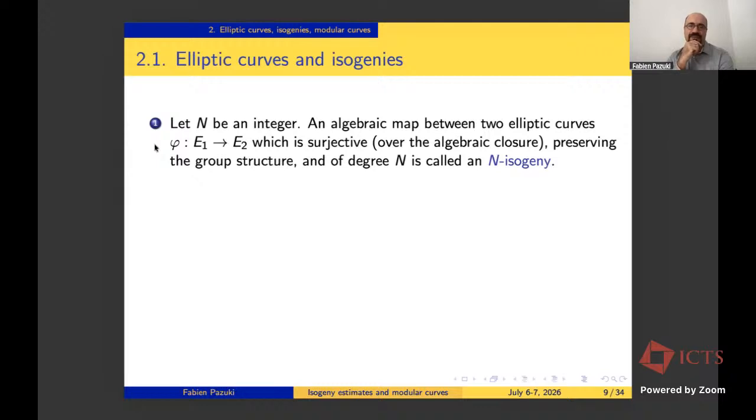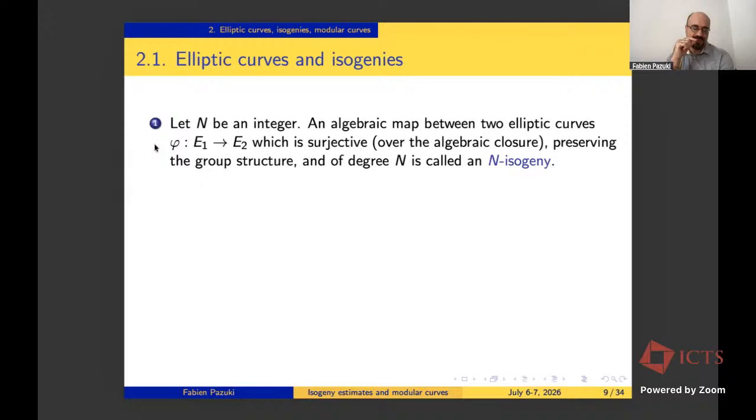A priori, nothing tells you that such a map exists. If you take two elliptic curves, E1 and E2, they're not always isogenous. However, of course, if E1 is equal to E2, you do have examples. Non-trivial examples. The identity is such a map, but because you have a commutative group structure, you can just do the sum of points.